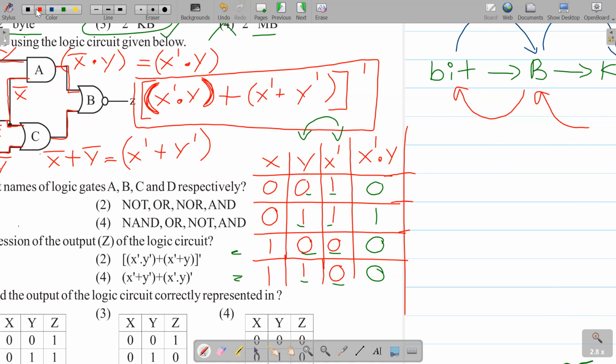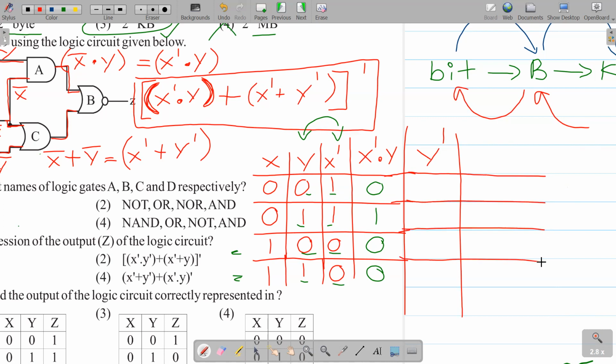Then I'm going to create the other bracket, which means I have X bar and I need a Y bar, right? So Y bar can be created by looking at the Y column, so 1, 0, 1, 0 is going to be the Y bar.